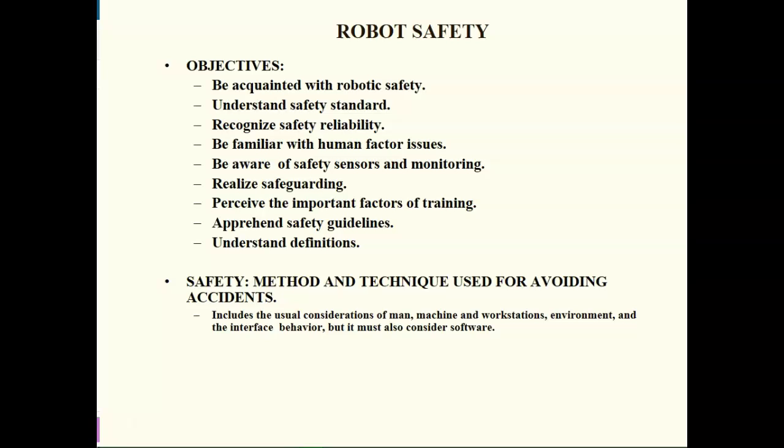So you need to be aware of safety sensors and monitoring. What's interesting about a robot is, whenever it's perched, like any of these, most of the time you have sensors attached somewhere and talking to whatever the robot is doing. What that means is that even when it's perched, it could very well still be active. And what is the problem with that? Something triggers that sensor while you're sitting there trying to program it, or if you're trying to do maintenance on it.